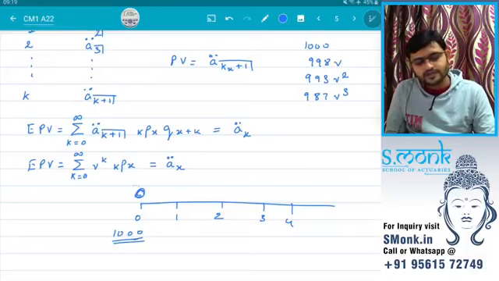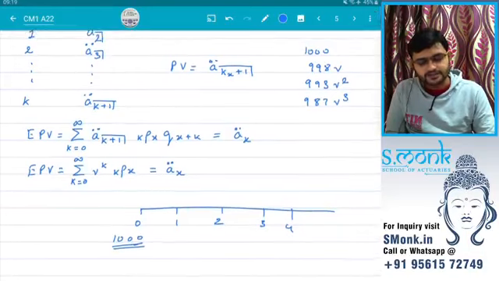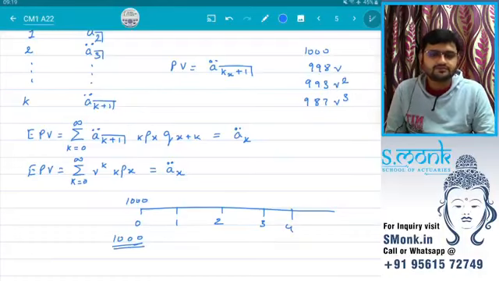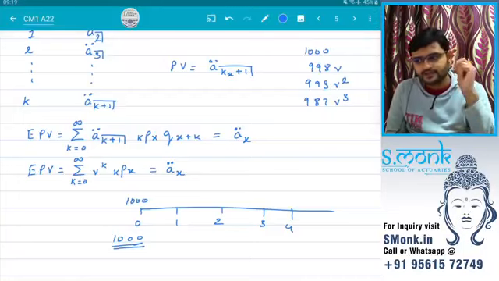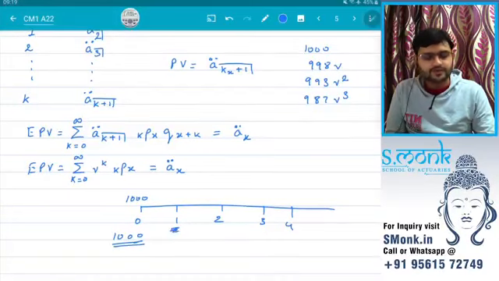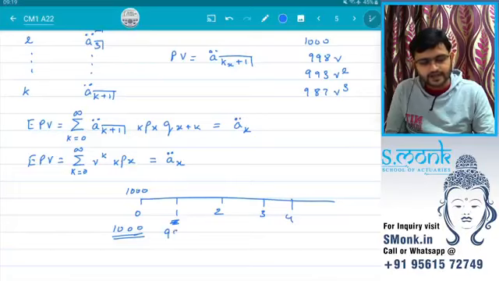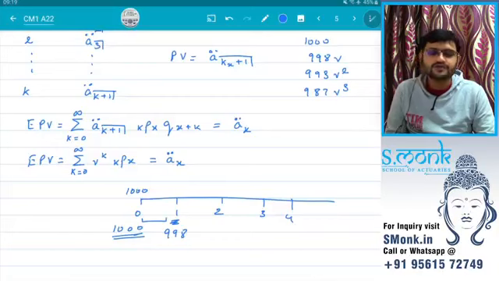Because our policy is payable in advance, we will be paying 1000 people 1 rupee each, because everybody would be alive at time 0. As soon as they buy the policy, we will pay them money. Then at time 1, certain people would die. Let's say only 998 people are alive, so 2 people died within the first year. We will be paying 998, only to the people who are alive.